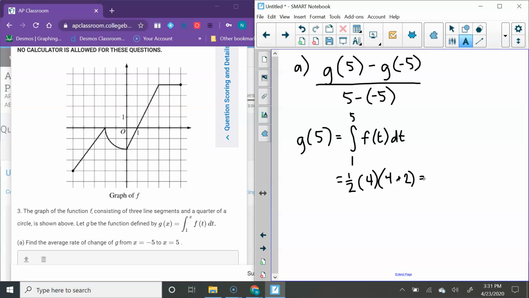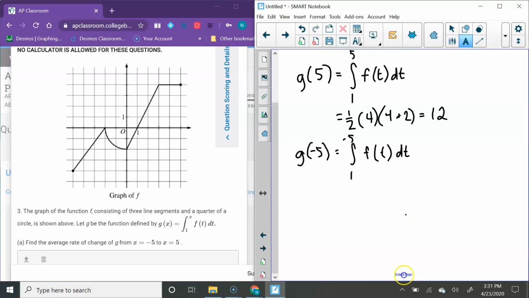So you're going to end up with 2 times 6, so you will get 12 for that. So your g of 5 here, that's going to be 12. If we continue on, we've got to find g of negative 5, which is going to be the integral from 1 to negative 5 of f of t dt.